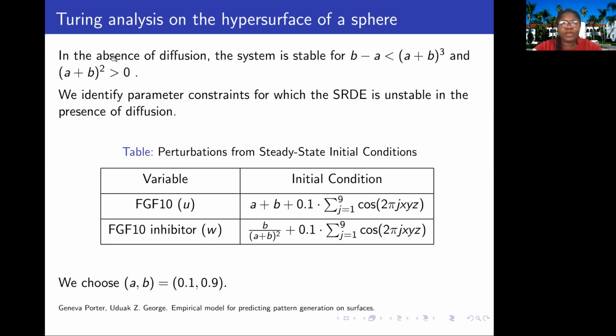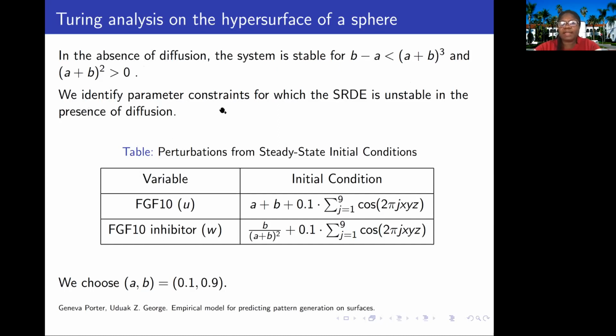So here with Turing analysis, in the absence of diffusion, we know the system is stable based on these constraints on the parameters a and b, which we can solve for by looking at the Jacobian of the matrix. And this is all pretty well-known stuff. So in the absence of diffusion, we know the constraints we need to fix.